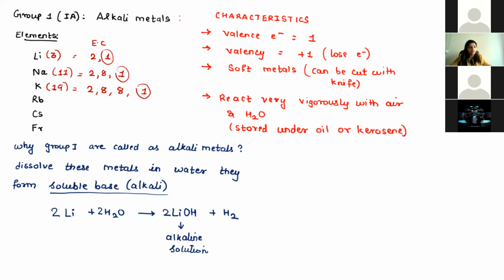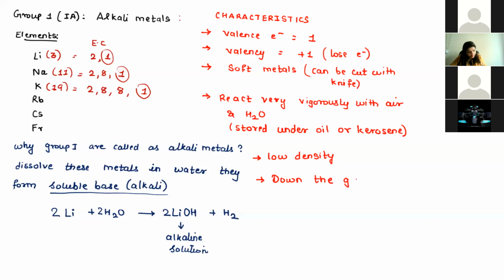Another thing is they have low density. And as you go down the group, melting point will decrease, not increase. That increase is for halogens.